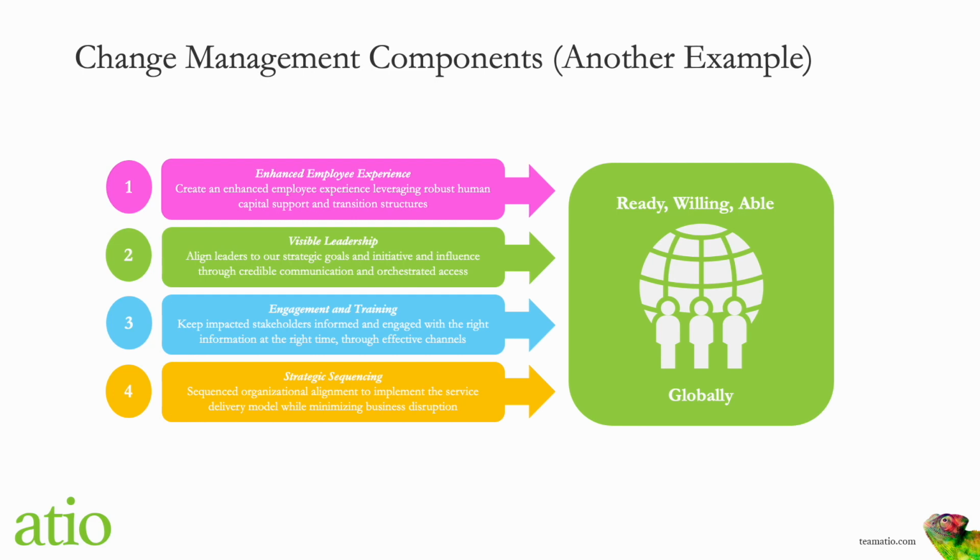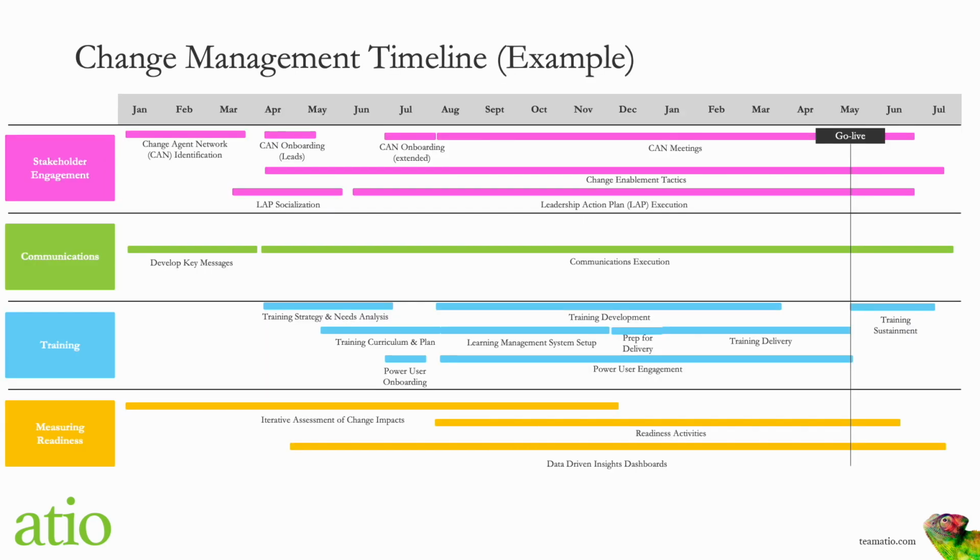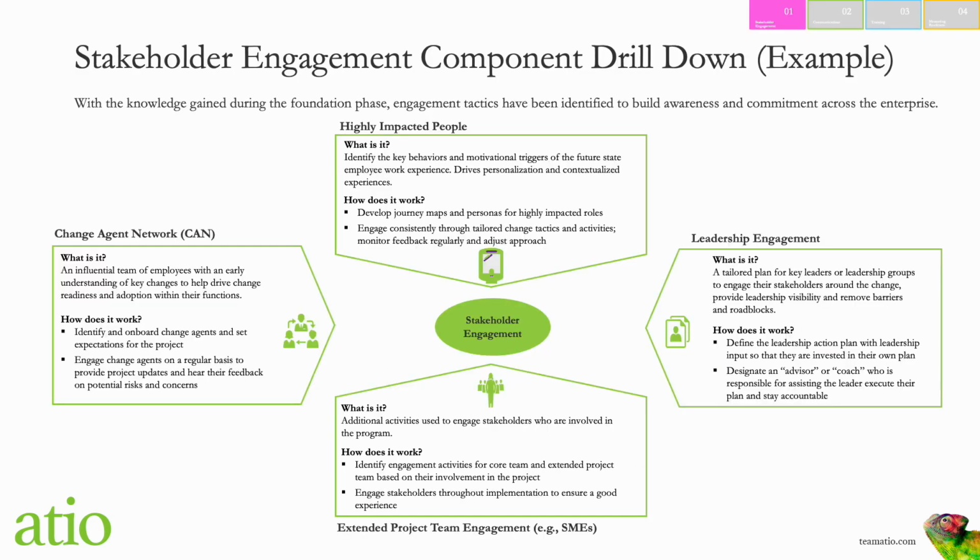For your change management component slide, it is going to be a roll-up of the details of how you plan to transition the workforce. In the outline, we talked about having a key activity slide. This is a key activity slide based on a timeline. Timelines are very helpful for people to understand what's coming and, of course, when it's coming.